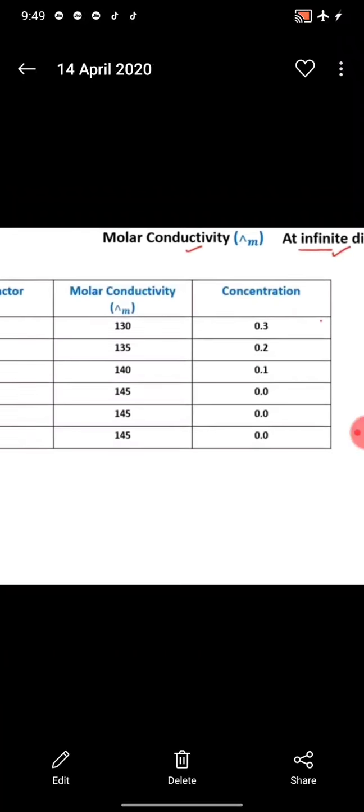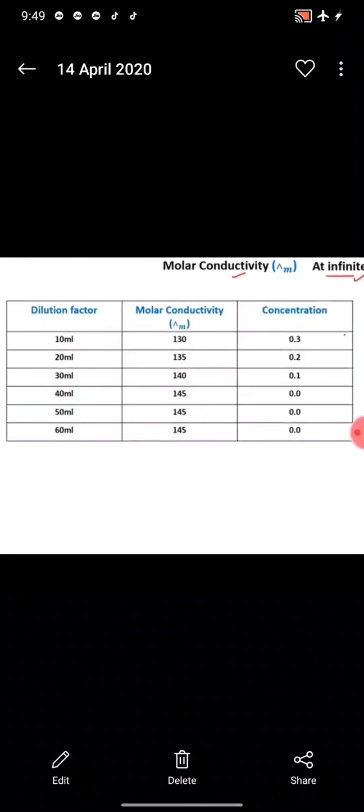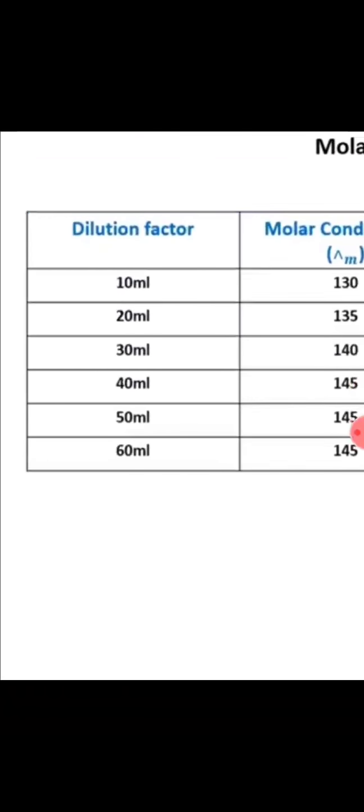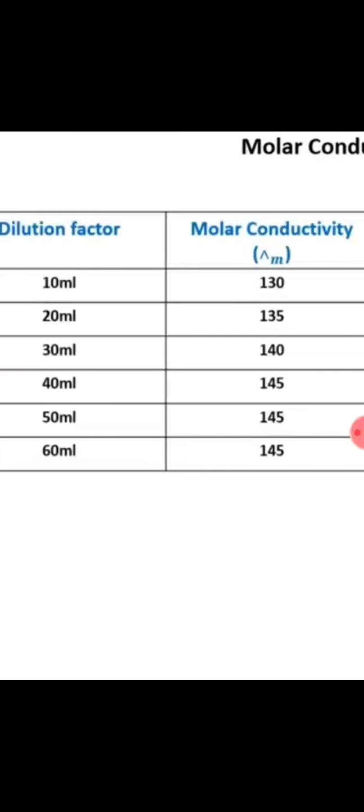To explain it better, children, I have a chart in front of me where you can see that three columns are there. The first column is the dilution factor, where it is represented how much water is being added to dilute it, and you can see there is a gradation of 10 ml at each level to study the effect properly.